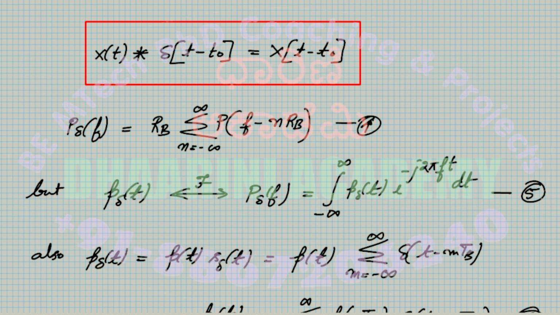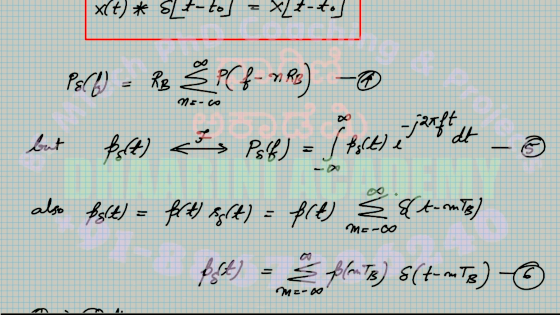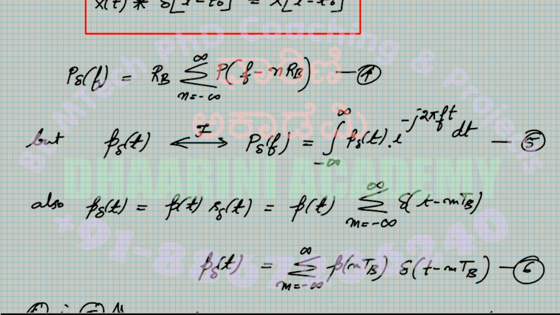Whichever function you want to transform, integrate after taking a product with e to the power minus j2 pi f t. So P delta of t is my function. I multiply that with e to the power minus j2 pi f t and then integrate all the way from minus infinity to plus infinity. That is for obtaining the Fourier representation.